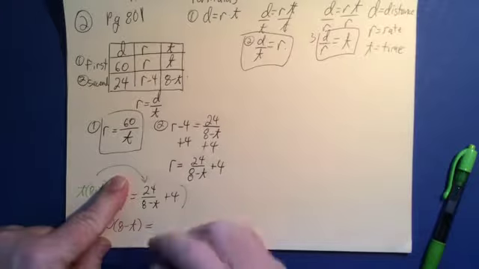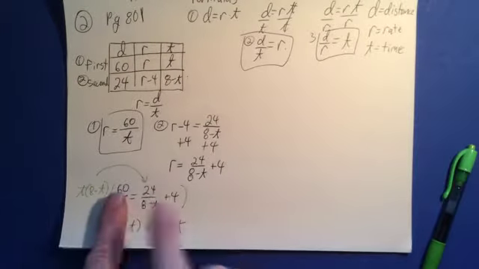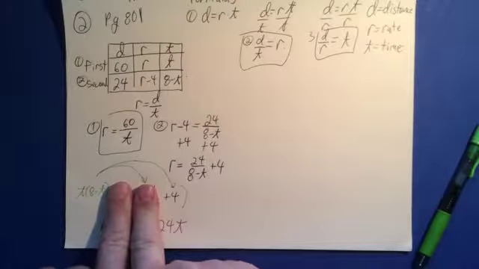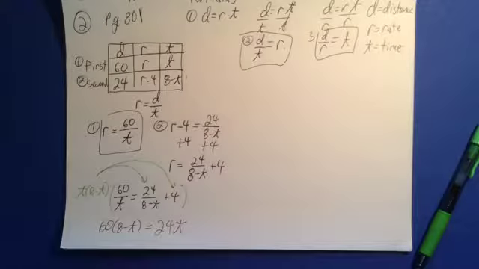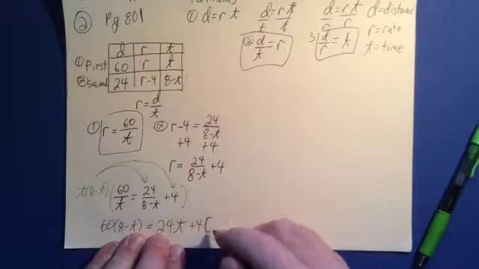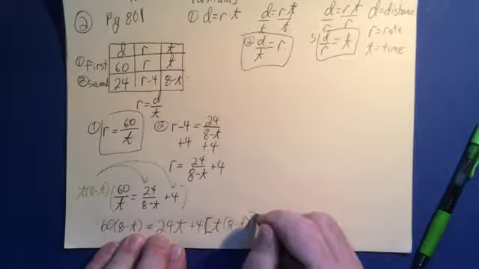So that's going to leave us with 24t. And then over here, when we multiply t times 8 minus t times a positive 4, there's nothing in the denominator to cancel the t or the 8 minus t. So I'm going to write this part as plus 4 times the bracket t times 8 minus t.